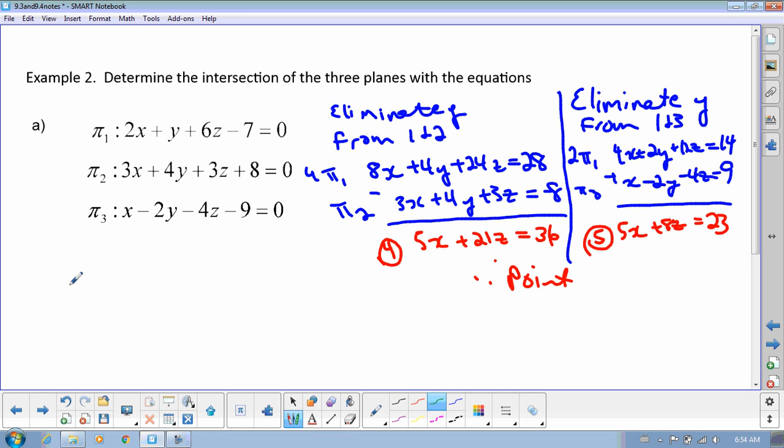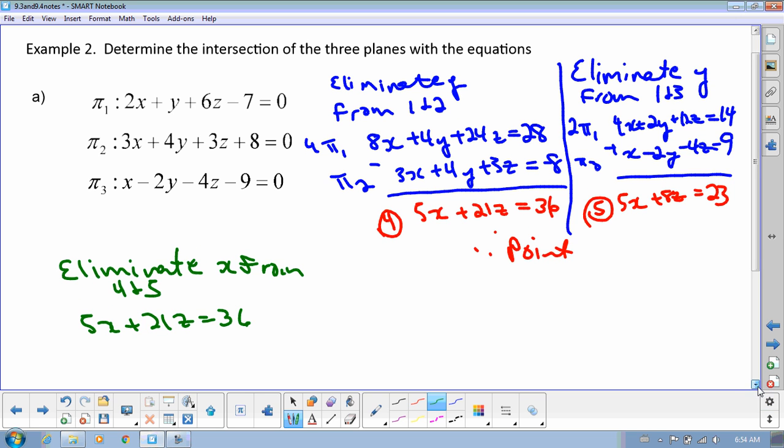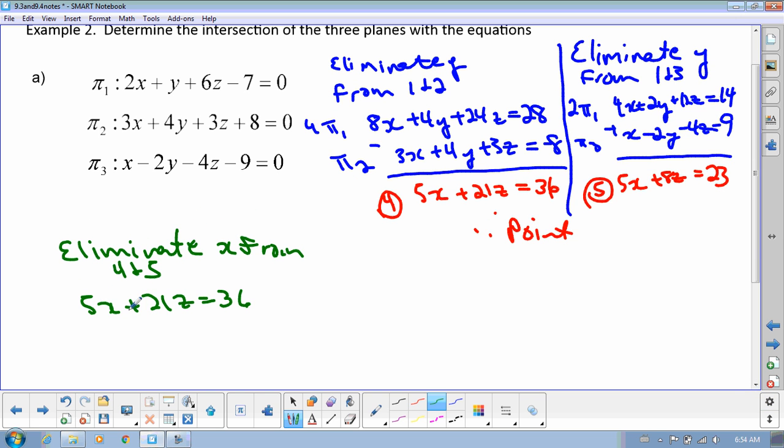So my next step, I'm going to eliminate x from 4 and 5. So I have 5x plus 21z equals 36. Now this one worked out nicely since the x's are already the same, so I didn't have to do any multiplication.